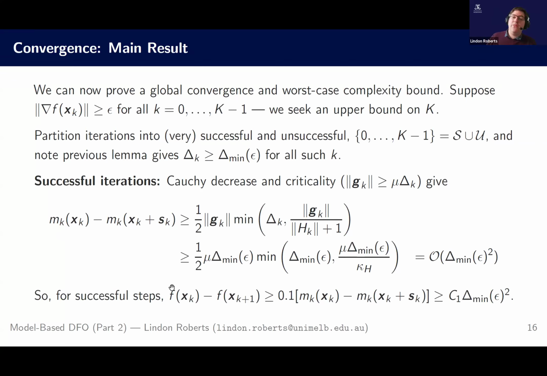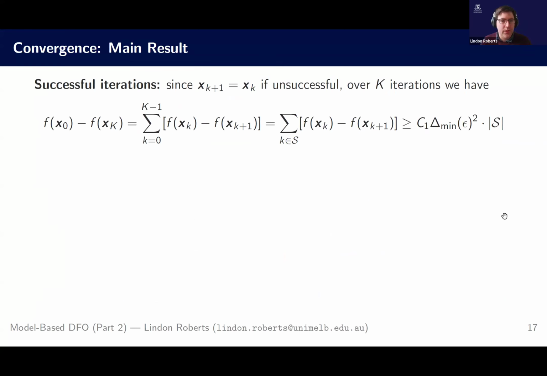What this means is if we've got a successful step, that means that the true decrease is at least some fraction of that decrease because rho was at least 0.1. And that means that the true function also decreases by a constant proportional to epsilon squared. So we know for every successful step, we've decreased our objective value by at least this constant. And this constant is independent of k. So all we do is we start summing.